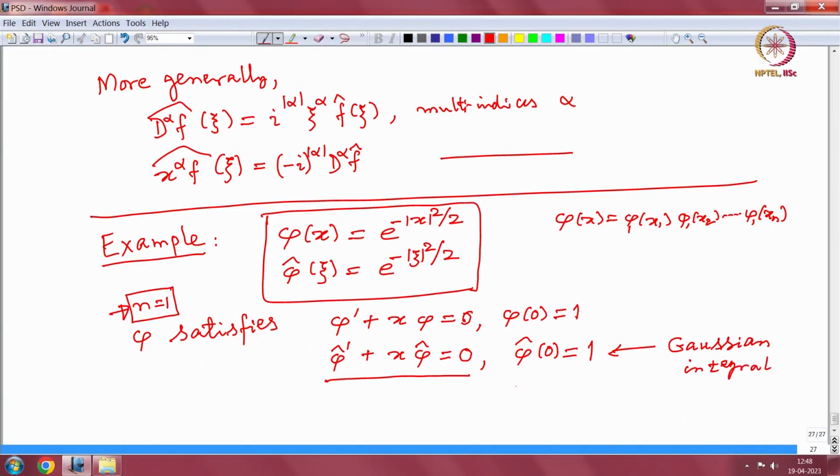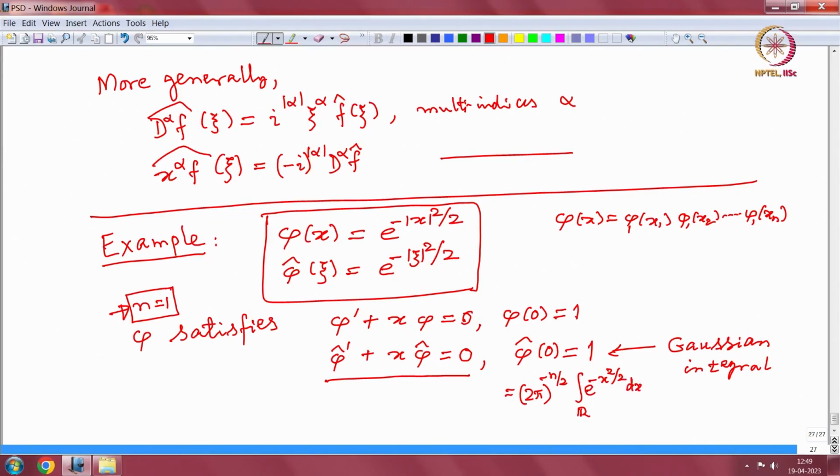So, what is this one? If you write it using the definition, this is just the integral over R of e to the minus x square by 2 dx, and that is 1.